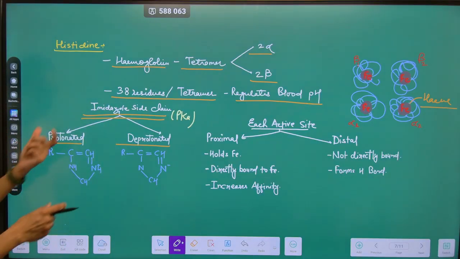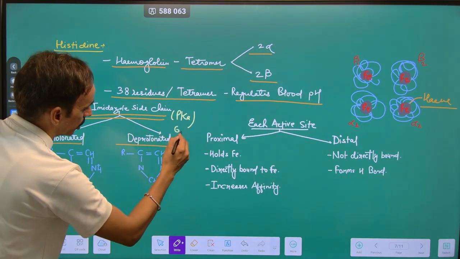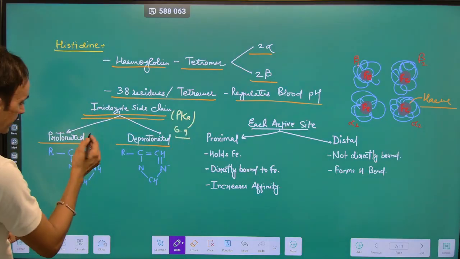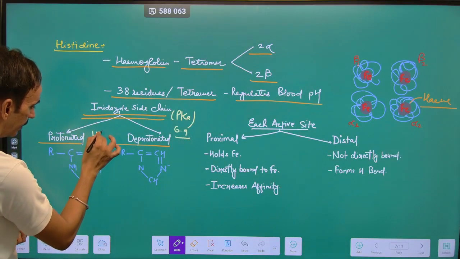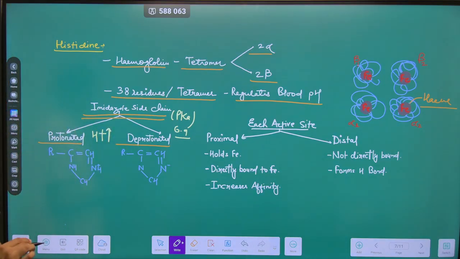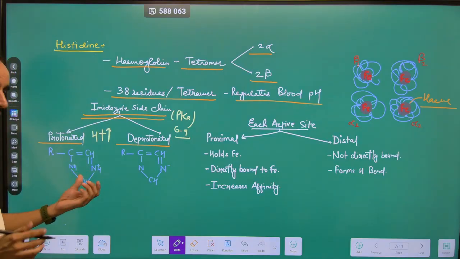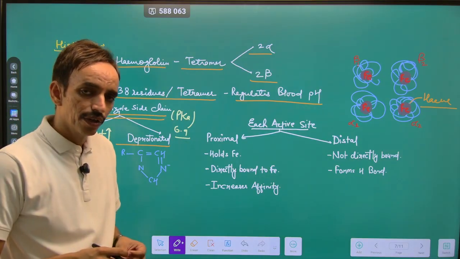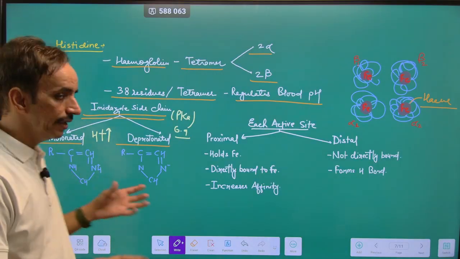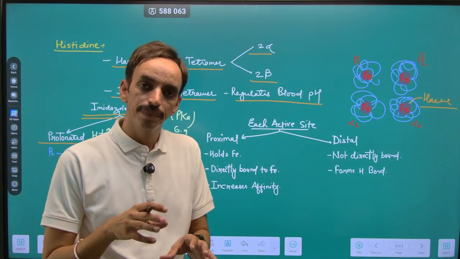Protonated, if it remains at a pH lower than 6.9, then there is an acidic environment, or we can say the amount of H plus ion increases. Under that condition, it will take the H plus ion from the solution and resist the change in pH.